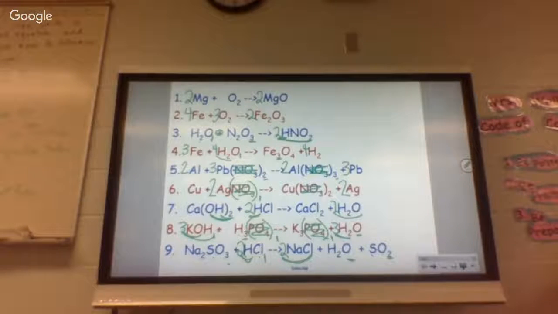Maybe. Alright, if you look at 1 through 13, see how many of those you can balance before I stop you. But I will tell you that number 4 and 5 are probably the two that will cause the most issue. So if you are already struggling, don't do 4 and 5 to start with. Skip 4 and 5, come back to them, okay?